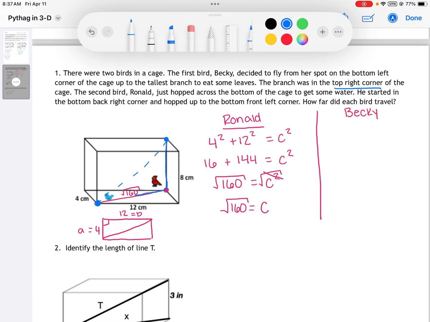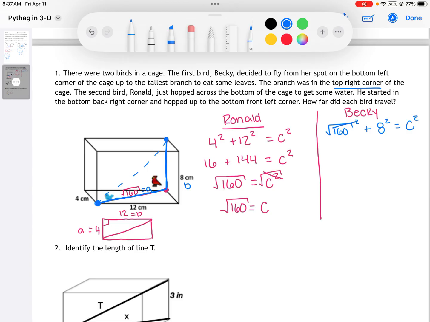So we have our triangle here. Again, for your second distance to go across the cube, you're always going to have to use your answer from finding the distance on the bottom. So I'm going to say my A is the square root of 160 and my B is going to be this 8. So the square root of 160 squared plus 8 squared equals C squared.